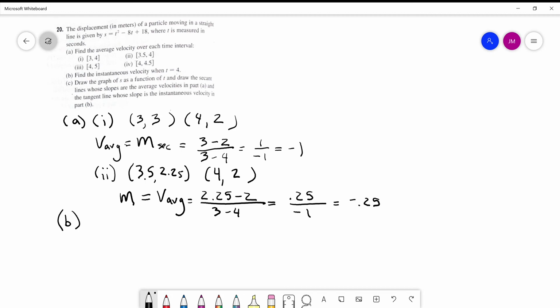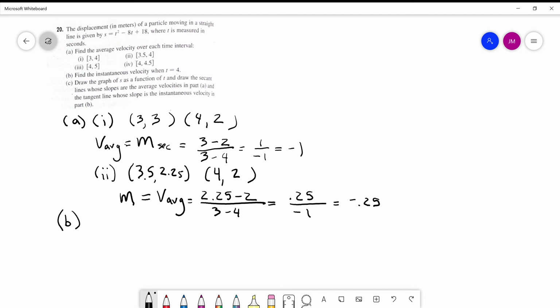When we were studying this exact same type of problem back in section 2.1, we used the calculator and the table feature. But now we know how to evaluate instantaneous velocity using our definition of the slope of a tangent line, which is also called the definition of a derivative.